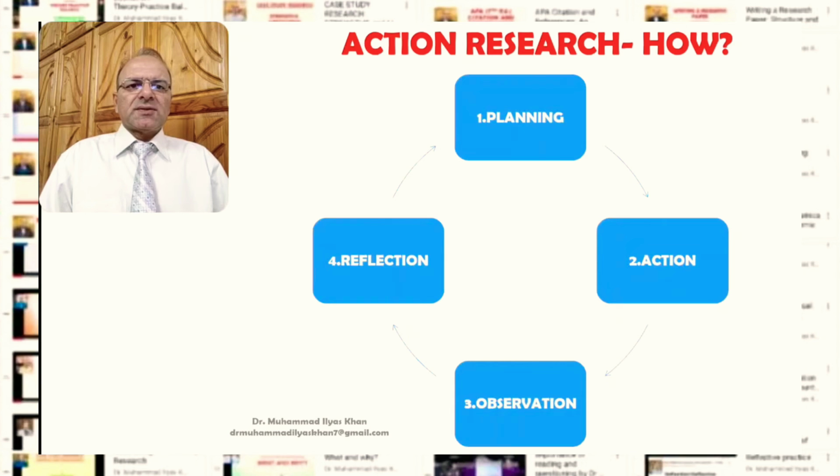In several cases, there are more than one cycles that happen during the action process till the desired results, that is improvement in the practice, is achieved.